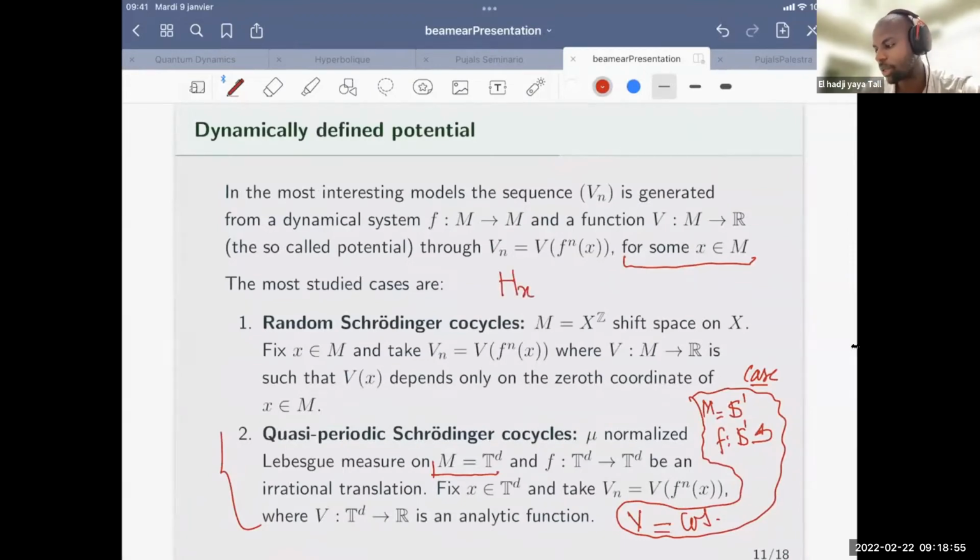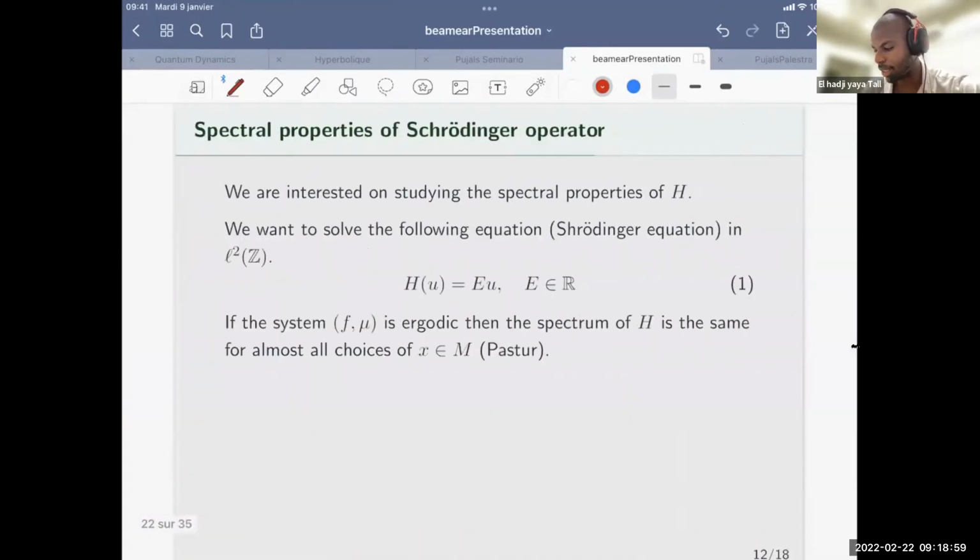Because the potential depends on x. So what this theorem is saying is that if your system is ergodic, the spectrum of your operator is equal to sigma for mu almost every x. This is very useful because you don't have to worry about which x I have chosen for the potential.